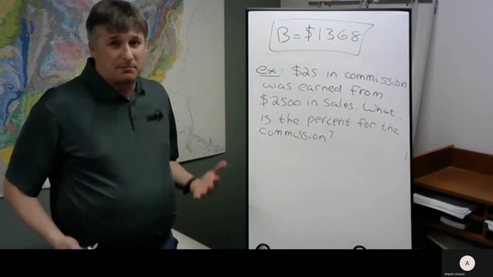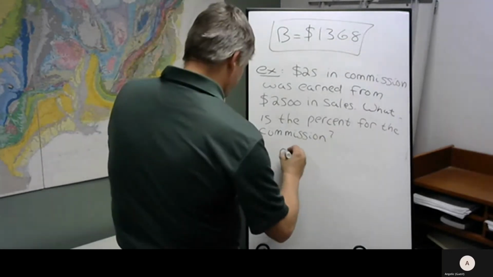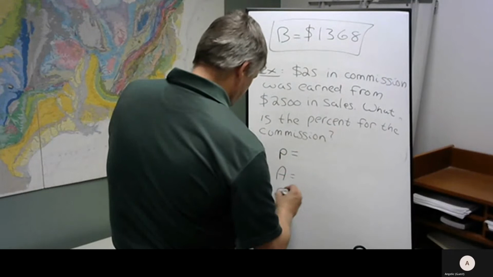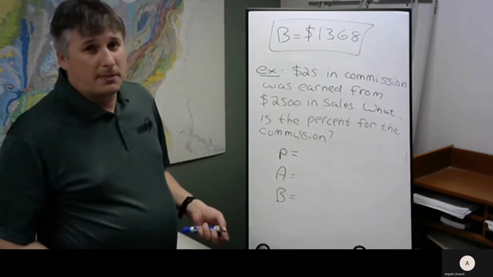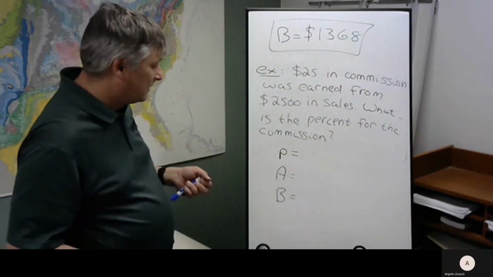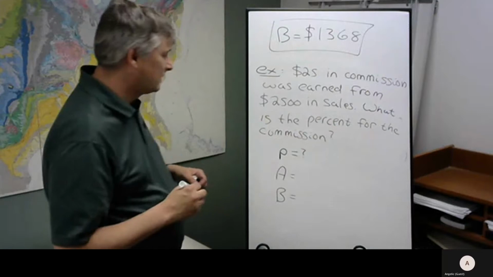Now, again, we're going to look for P, A, and B. Well, right away, we don't know what the percent is. In fact, they tell us that's what we're looking for. So that means unknown.